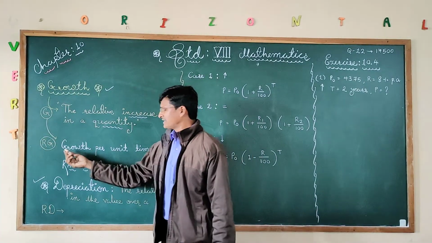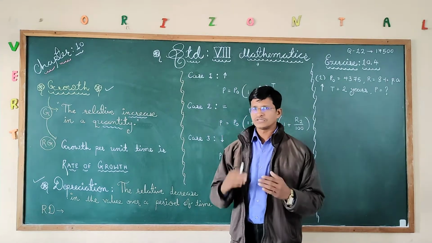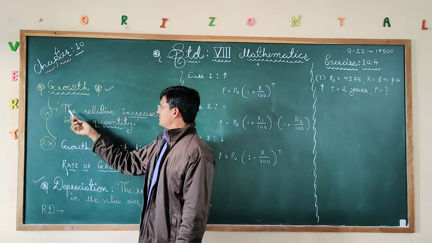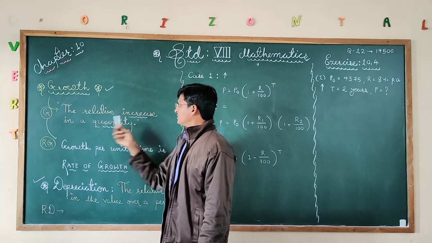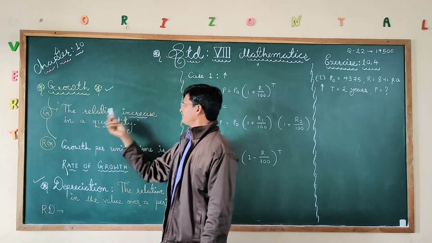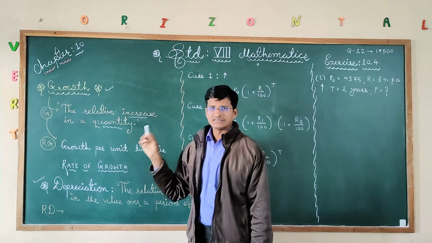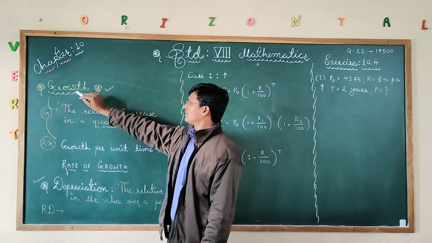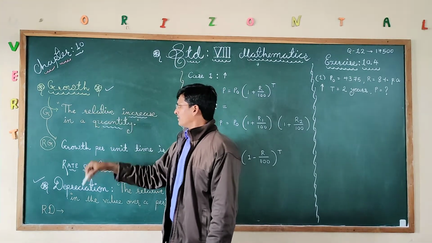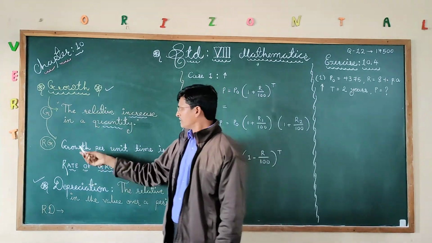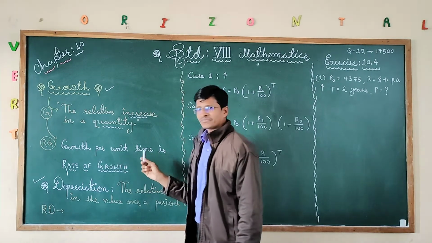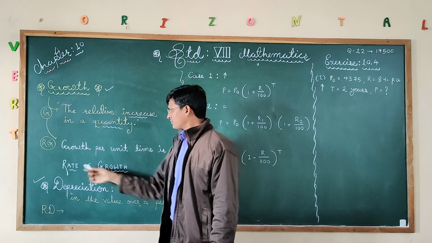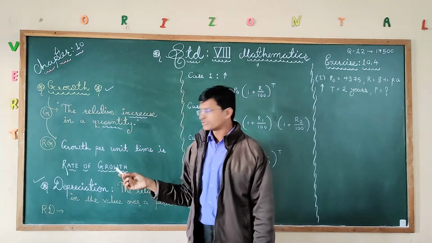Suppose the question will be like this: the relative increase in a quantity is blank. Four options will be given. Your answer is growth. Another MCQ can be formed: the growth per unit time is the rate of growth.